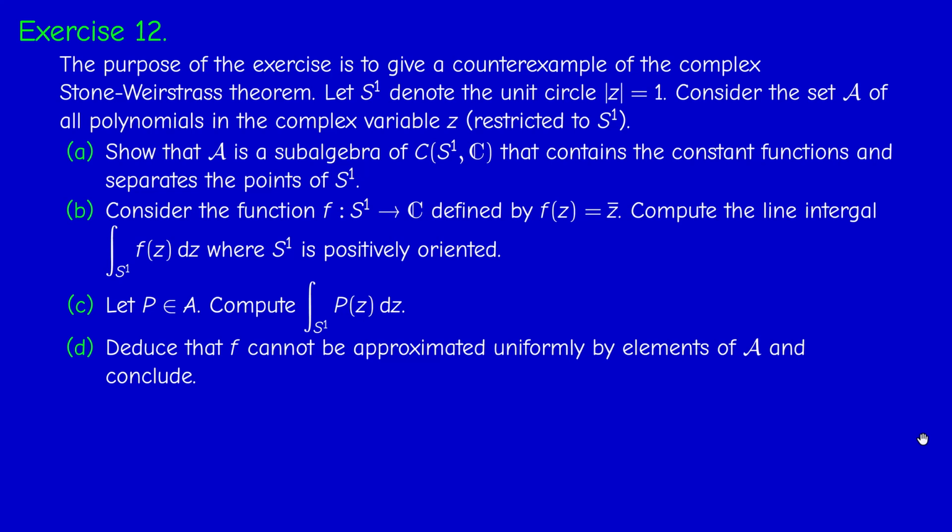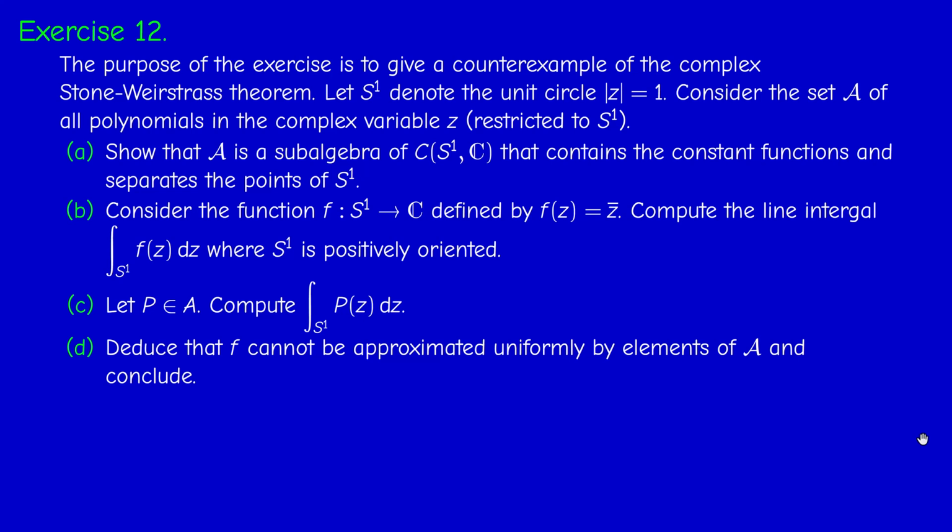So first question, we have to show that this collection, calligraphic A, is a subalgebra of the algebra of complex continuous functions from the unit circle to C, and it contains the constant functions and separates the points of S1.